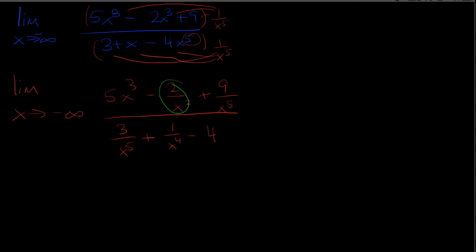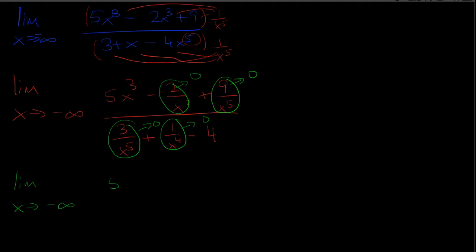We know that 2 over x squared, 9 over x to the 5th, 3 over x to the 5th, and 1 over x to the 4th will all go to 0. So I'm left with the limit as x approaches negative infinity of 5x cubed over negative 4.